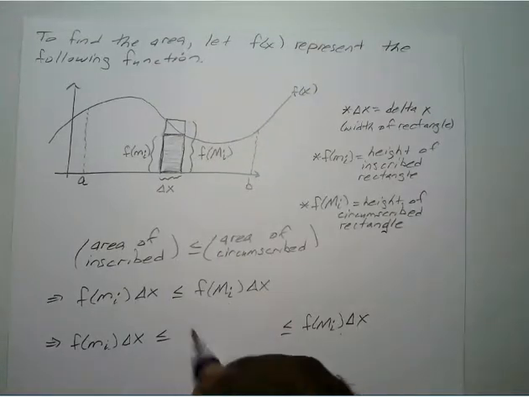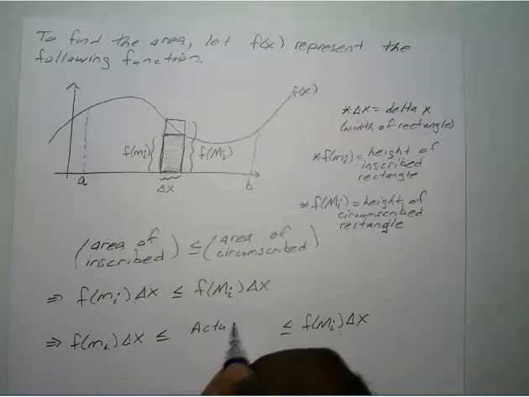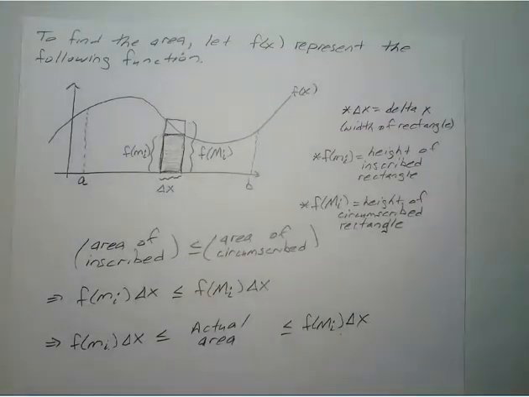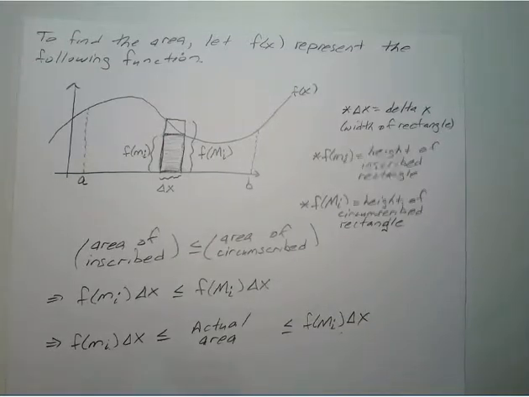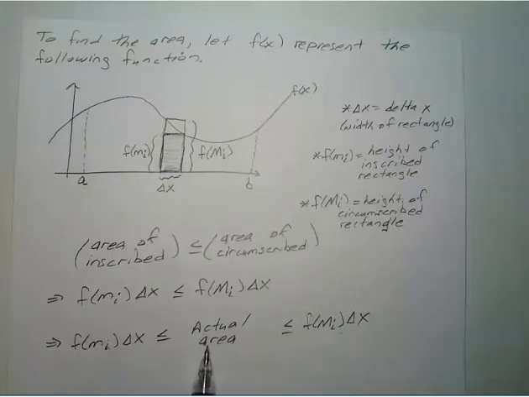Somewhere in between our actual area exists. If we guess too low and we guess too high, somewhere in the middle would be our actual area.